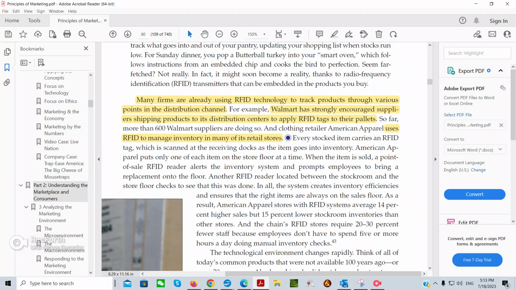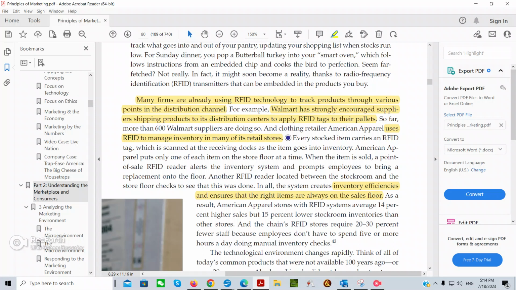Then an RFID reader located between the stock room and the store floor checks whether that was done. The system creates inventory efficiencies and ensures the right items are always on the sales floor. So that's kind of the intersection between warehouse management and marketing.